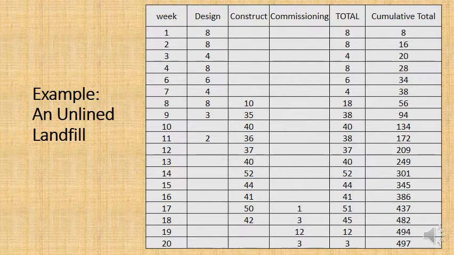It's a 20-week project. Now, we've broken the project up into a few different work packages, but we're putting those work packages under different headings. So the different headings are design, construction, and then commissioning.